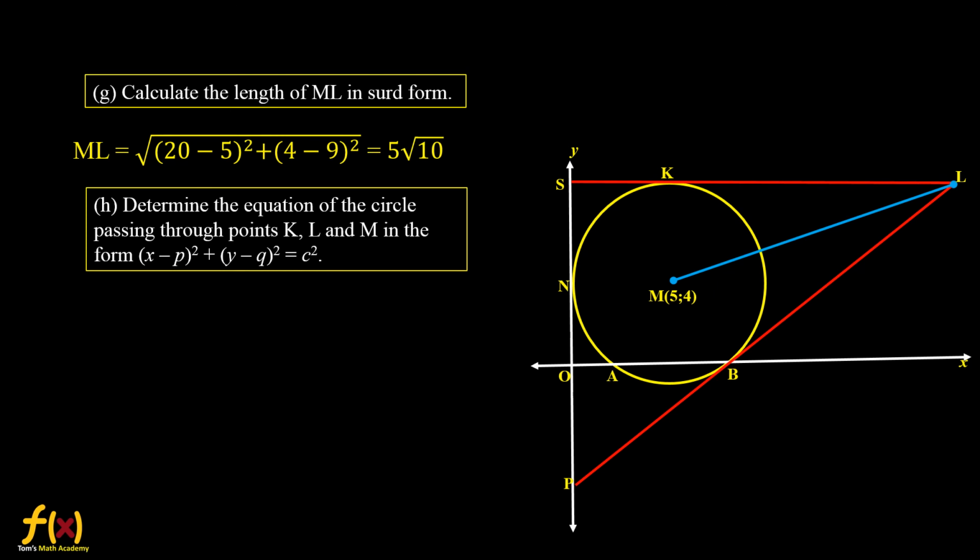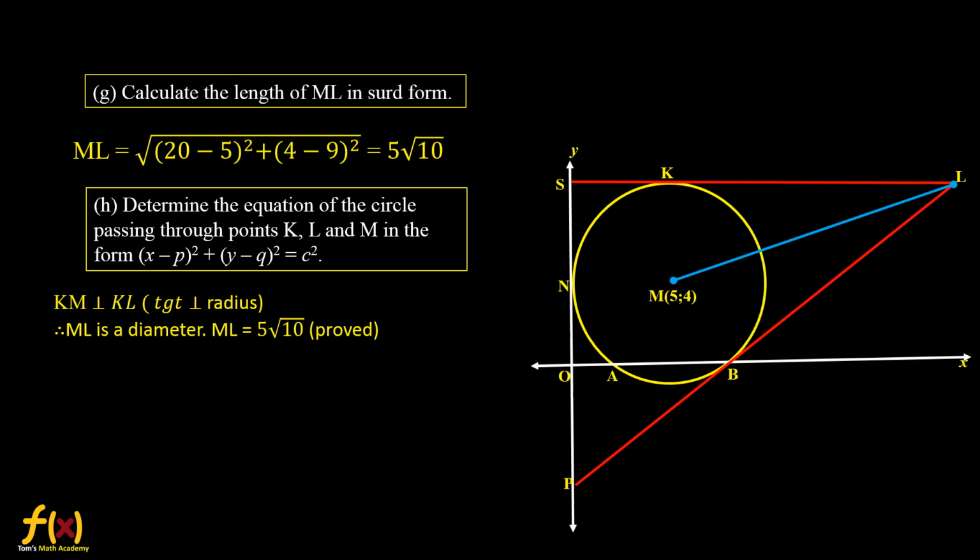Circle is passing through K, L, and M. But we notice that MK is perpendicular to SKL because radius is perpendicular to tangent. Therefore, angle MKL is 90 degrees, meaning ML is a diameter. So we get ML is a diameter and the length is 5 root 10.